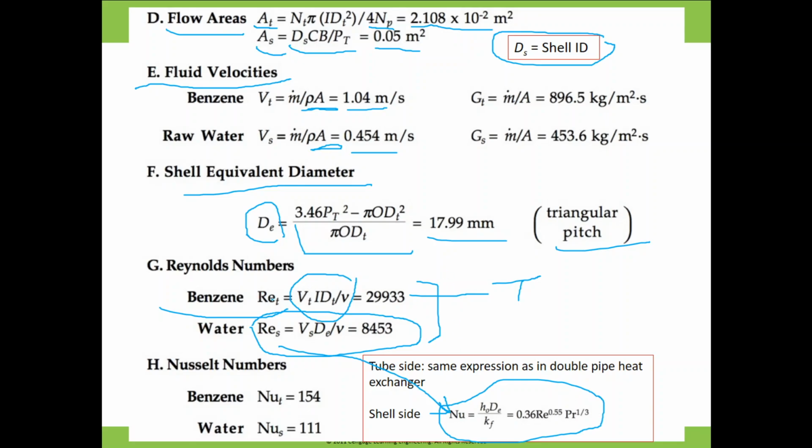For the tube side, we are using the same expression as in the double pipe heat exchanger. After calculating, the Nusselt number comes out to be 154 for the tube side and 111 for the shell side.